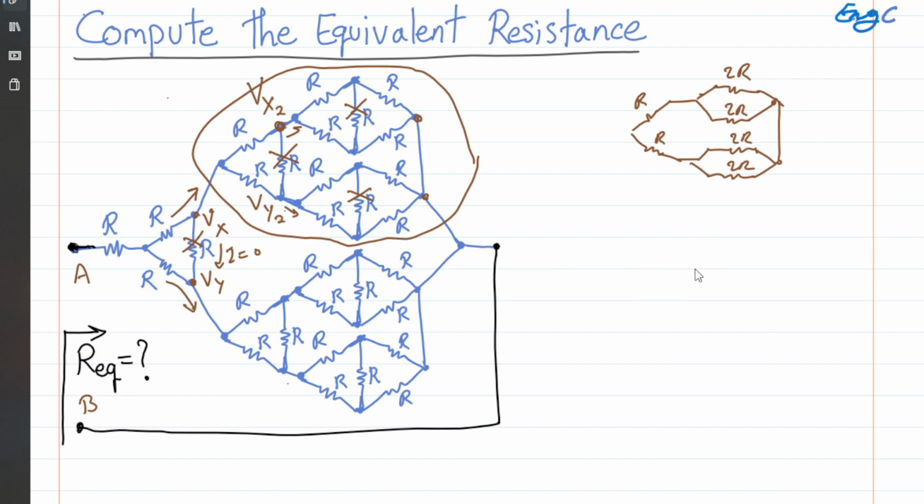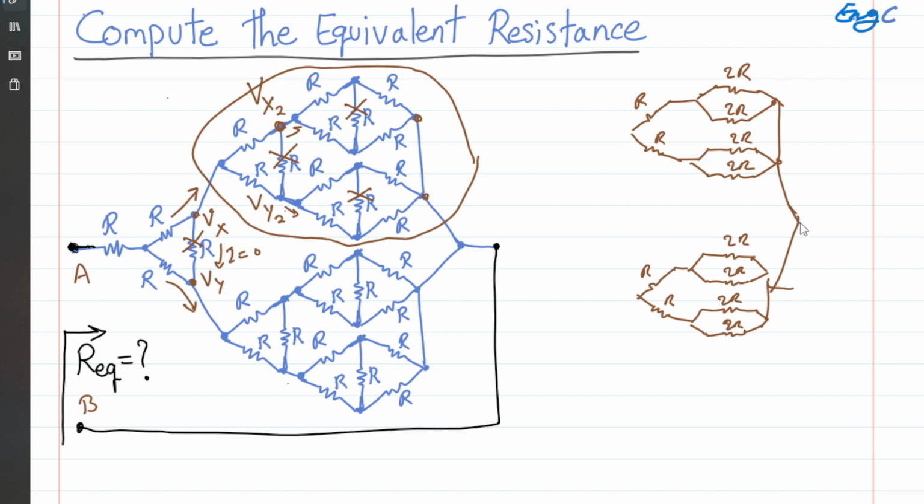So for the lower branch, you have the same story. You have 2R, and then 2R, and then R and R, and again 2R, 2R, for the same reasoning as we discussed, and they're connected to each other.